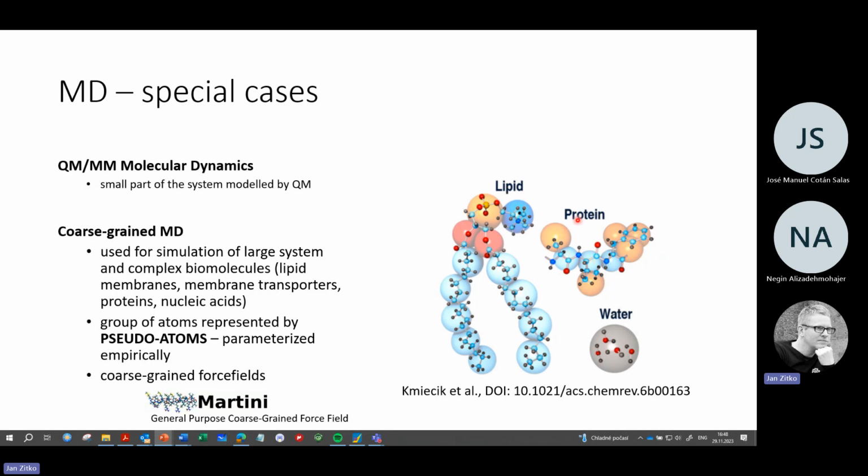In the case of a protein, we can simulate the CONH, so the backbone, as one sphere, then you have another sphere for the C alpha atom, and then you have different spheres for the side chains.